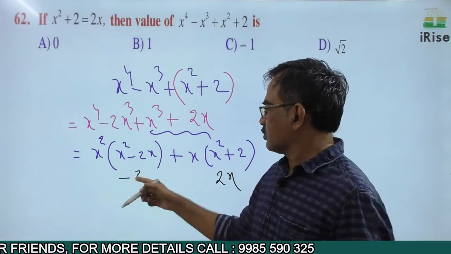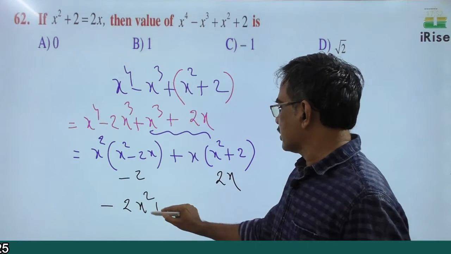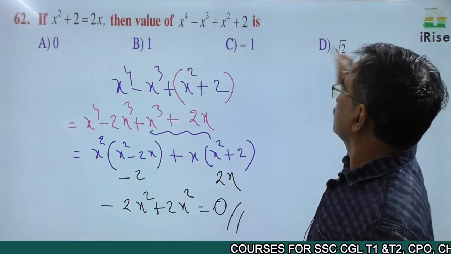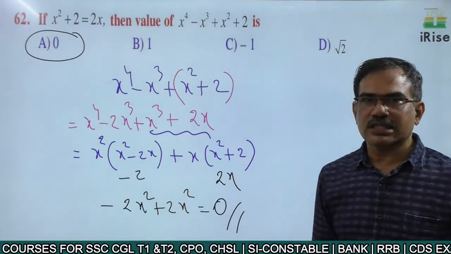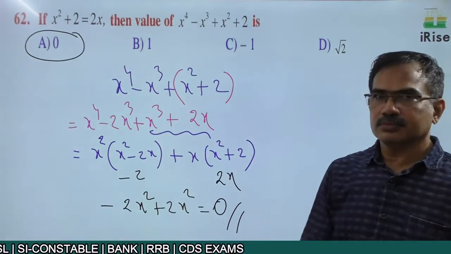So therefore x square into minus 2 is minus 2x square, x into plus 2x is plus 2x square, they get cancelled, so the answer is 0. Just rearranging the terms here, we get the answer.